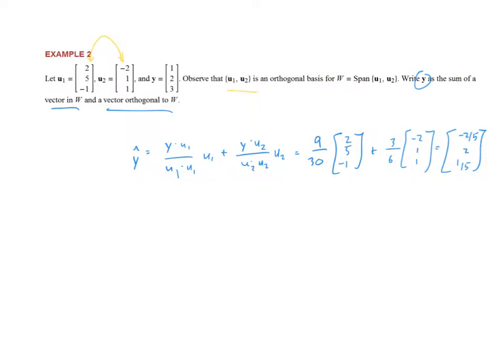Now that is our vector in the subspace W. Now we need the vector that is orthogonal to it. So we take y minus y hat, which is the original vector y, (1, 2, 3), minus what we just got, (negative 2 fifths, 2, 1 fifth), and you get (7 fifths, 0, 14 fifths).